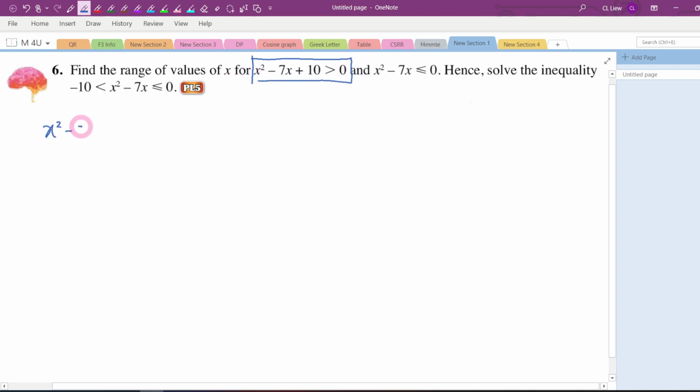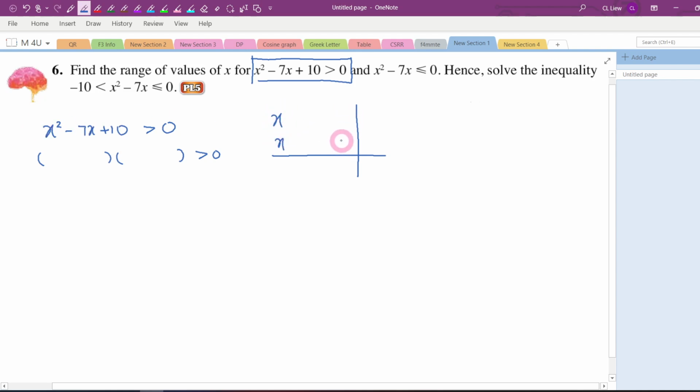x squared minus 7x plus 10 is greater than 0. Let's do factorization for this part. If the number is large, you actually can use your calculator to help you to do the factorization. Now, the product of these two terms equals x squared, so it will be x times x.